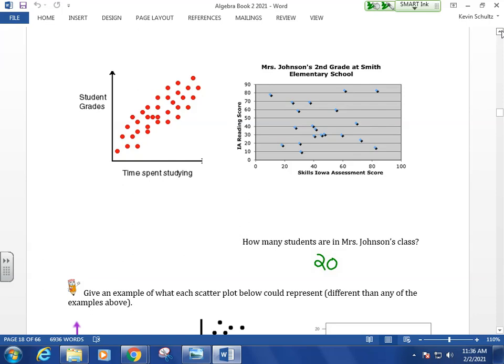Okay? Is 20 probably pretty accurate? Yes, right? But we don't know for sure because the scatter plot only plots the data, and if 1 point represents 2 people because they got the same score, we don't know that here. Okay, so I would accept 20 with the caveat that we don't know for sure.